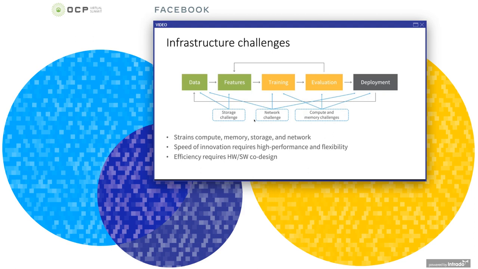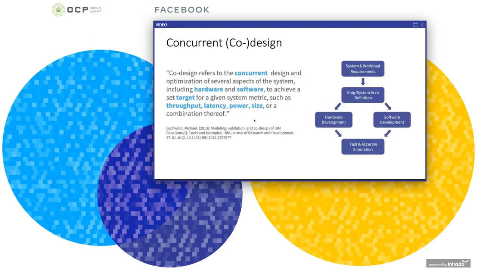In order for all of these components to work together, we require that the models and the system design are co-designed together, and they require hardware and software co-design. Co-design refers to the concurrent design of optimization of several aspects of the system, including hardware and software.